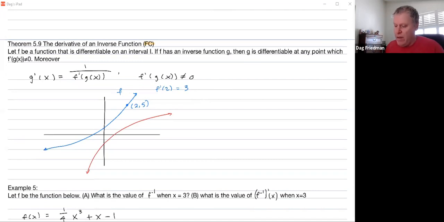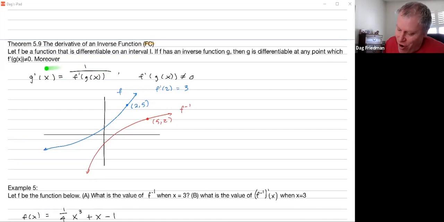First off, it has to contain the point (5, 2). That's a big deal. Remember I told you that for every point (a, b), the inverse has to have the point (b, a). Since f contains the point (2, 5), the inverse function contains the point (5, 2).